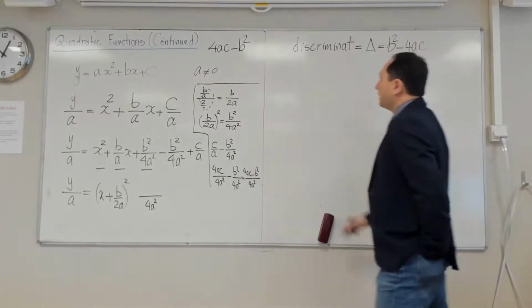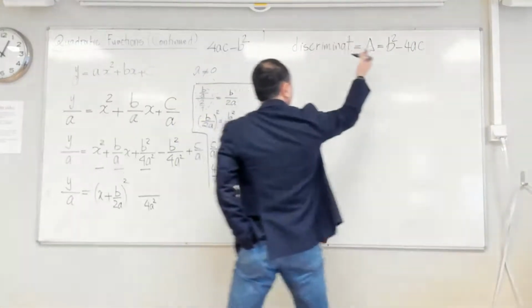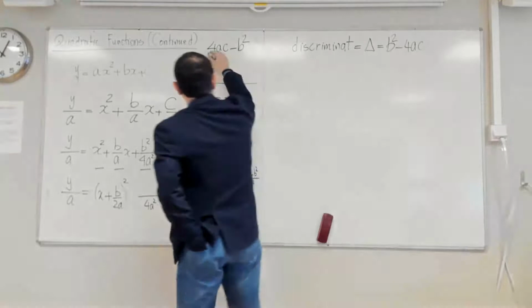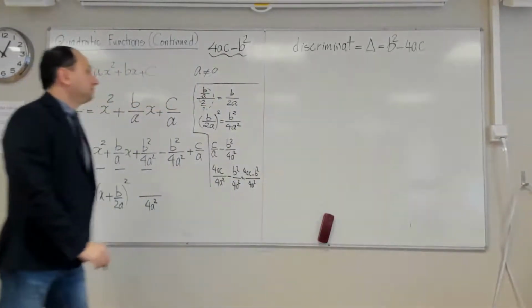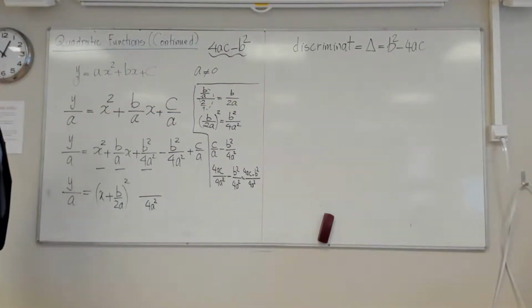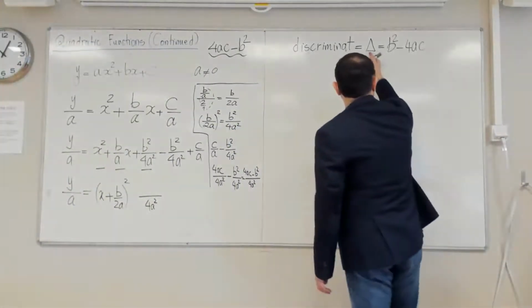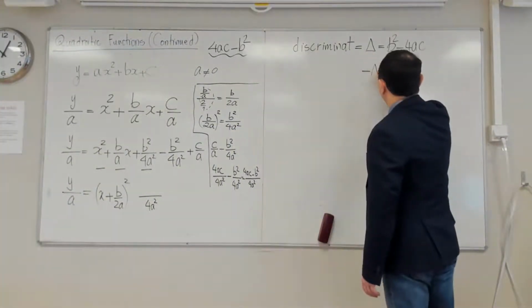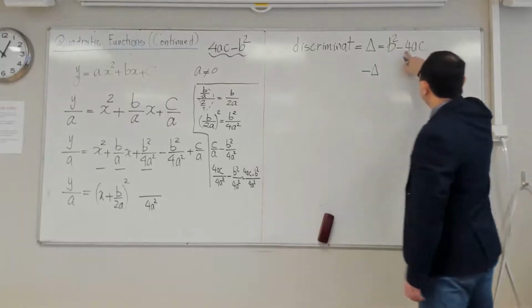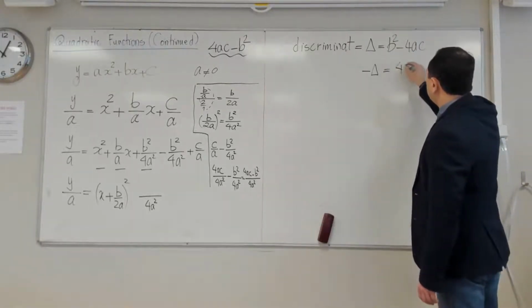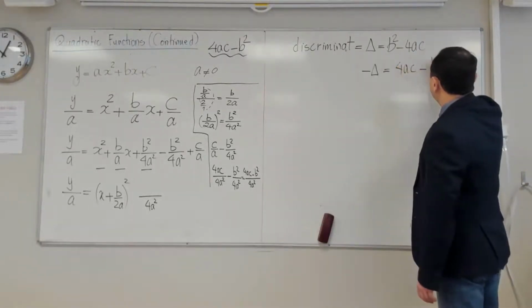Okay. But now can you tell me, if delta is this one, what is this one then? It's the negative version. Exactly. So if I multiply this by negative sign, it becomes negative delta. This becomes positive 4ac, and this becomes negative delta.